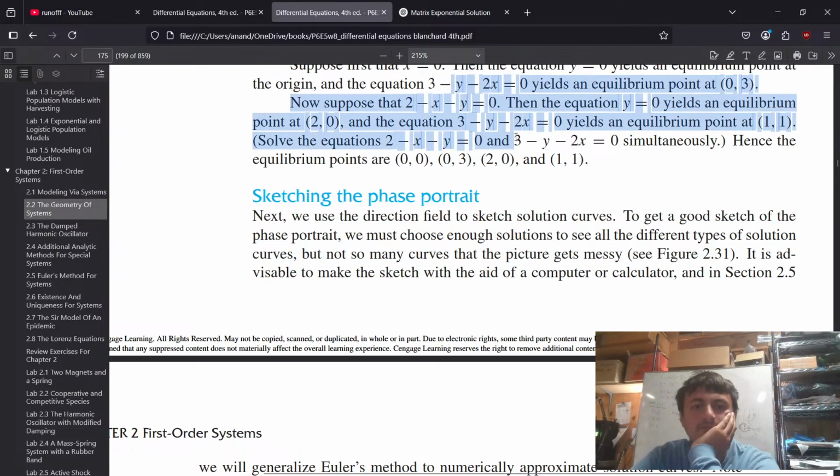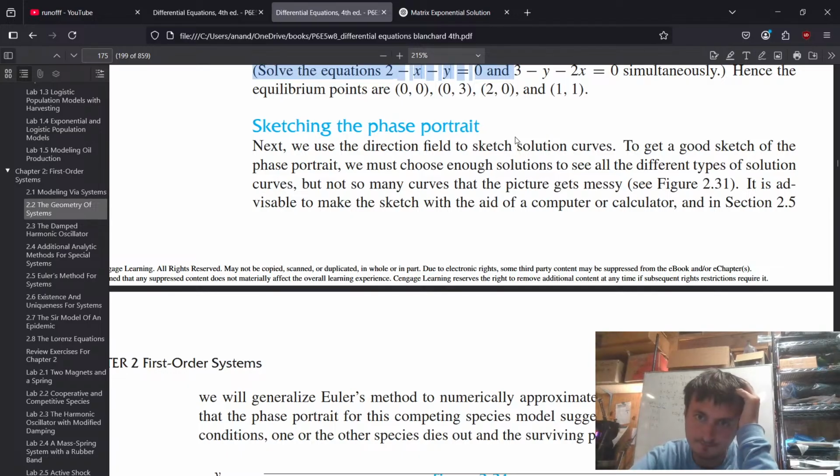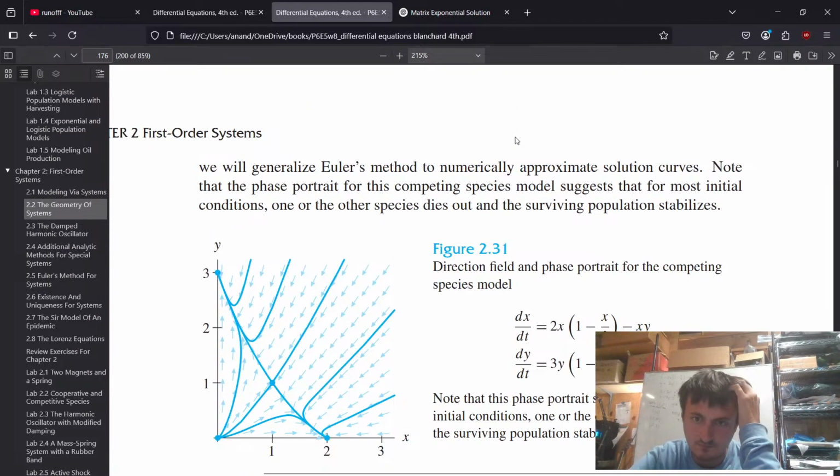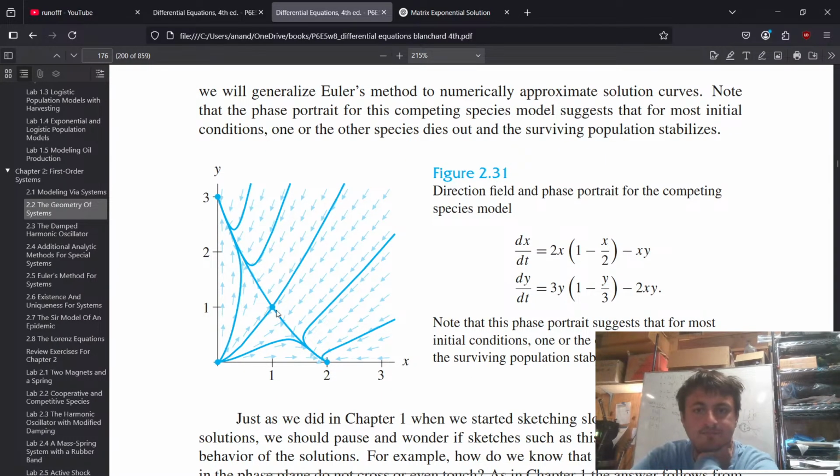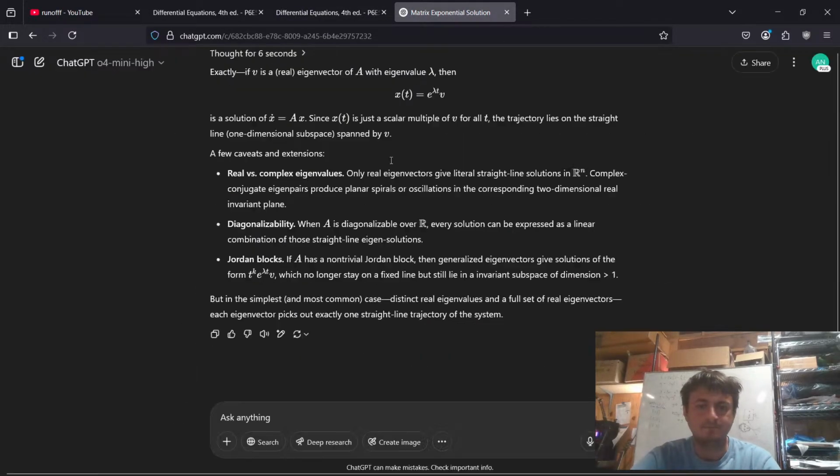Okay, so we just did that. Sketching the phase portrait. So how do we determine stability?